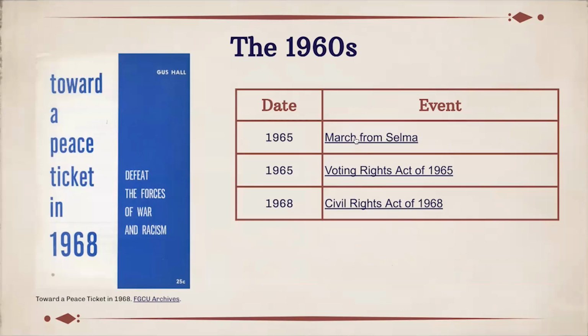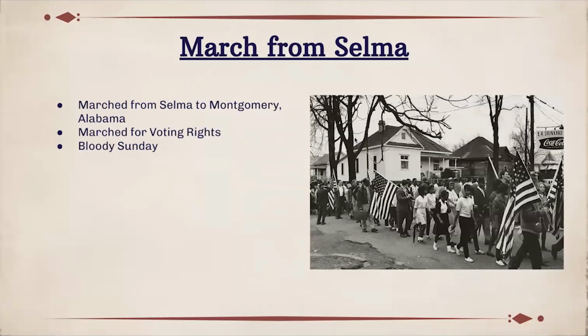The March on Selma takes place in 1965, because activists march from Selma to Montgomery, Alabama. And this march is specifically for voting rights.